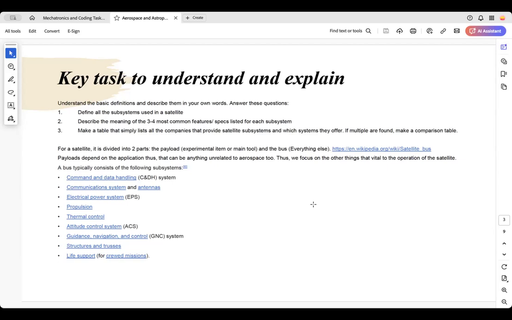When we talk about satellite subsystems, they are physically distinct, but often there is some overlap between them. So take this as a crash course into the different subsystems, but understand that there is inevitably some overlap. For example, there is a system called command and data handling. This is the primary computer on the spacecraft.